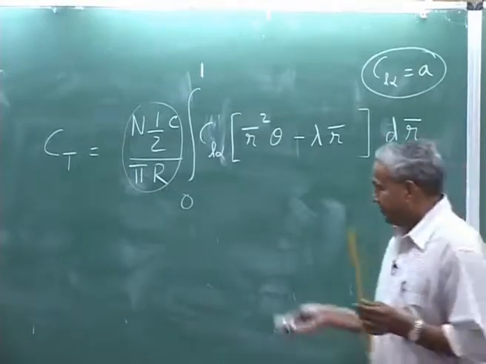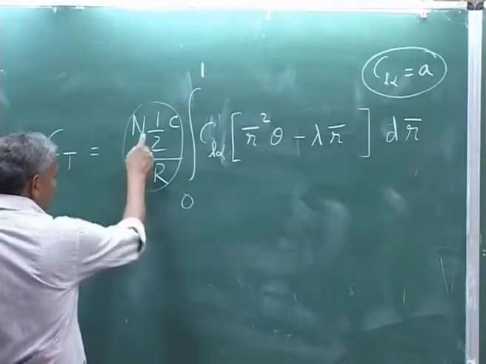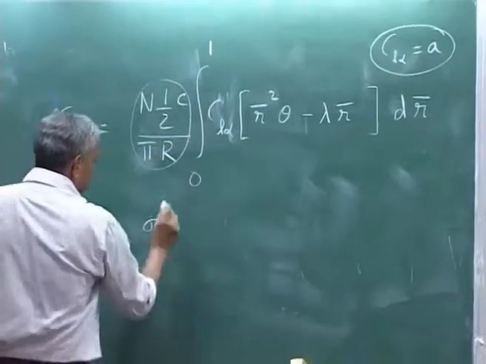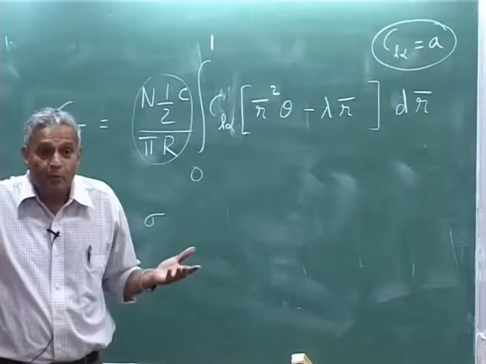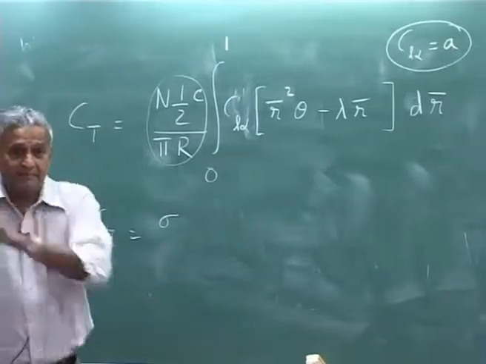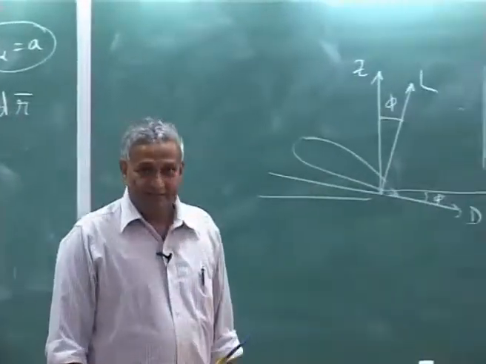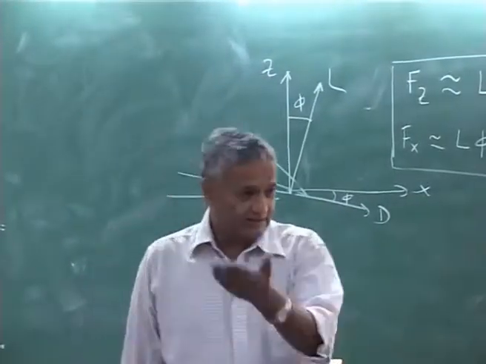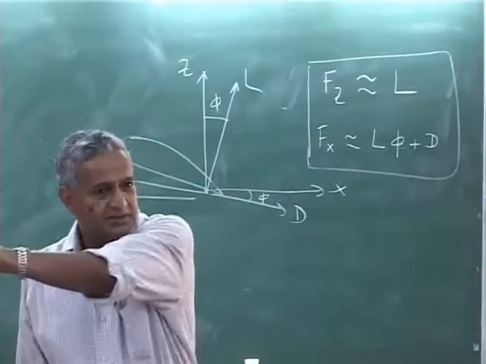before that let me write the expression. Ct is, here I put what? Sigma. Now, Cl alpha, what type of airfoil you are having at every section, whether it is a constant, because it can vary, because we said chord is a constant, but my airfoil can change.